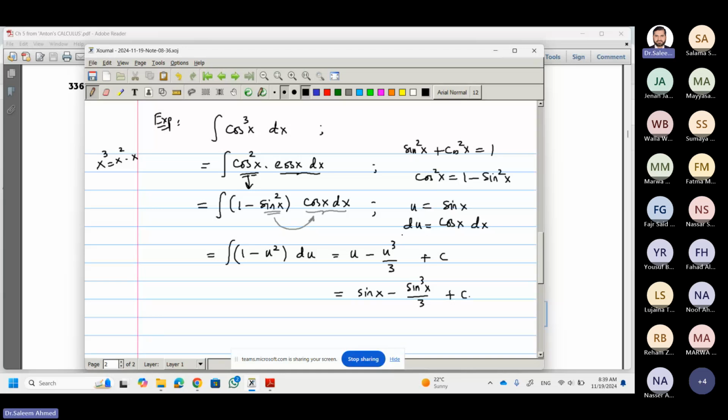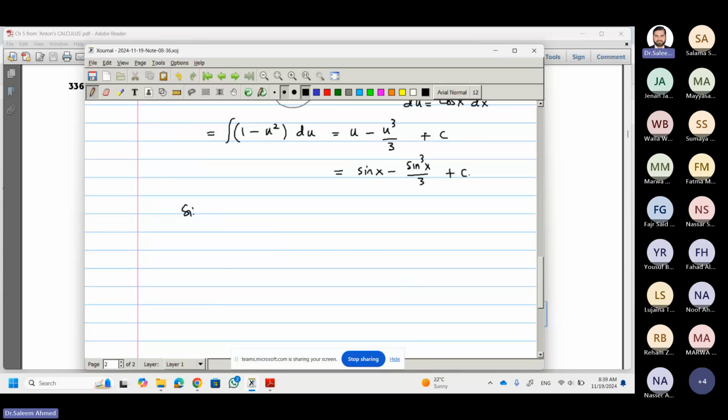Let's say you have sine to the power 5 x dx, this example. Because it's an odd power, I can write sine 4x into sine x.